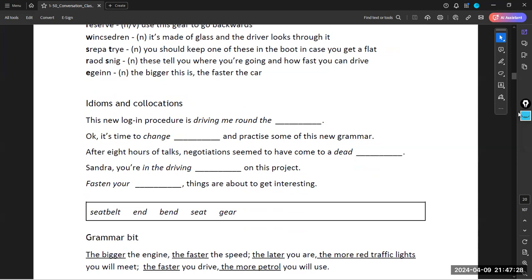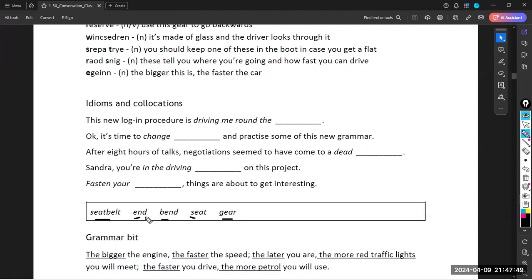Okay, after discussing the vocab, now I think it's time to discuss the idioms. Now we have seatbelt, end, bend, seat, and gear. Number one: what is the meaning of bend?